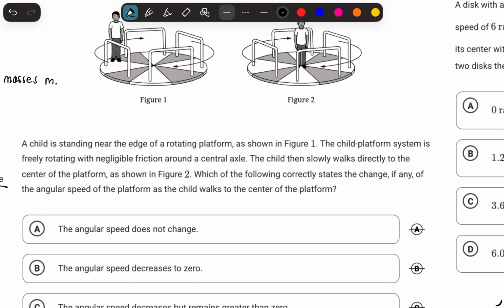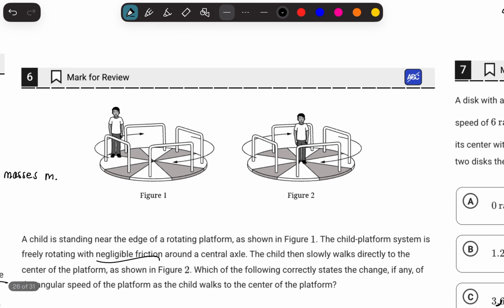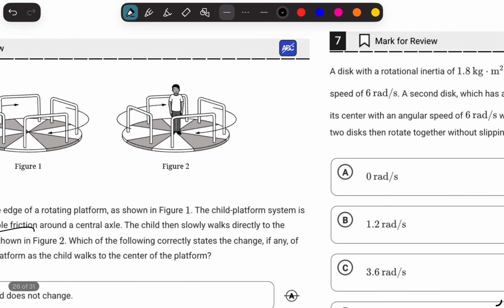So no friction means that you have no external torque, aka you can just say summation of torque is equal to 0. Then you have conservation of angular momentum.